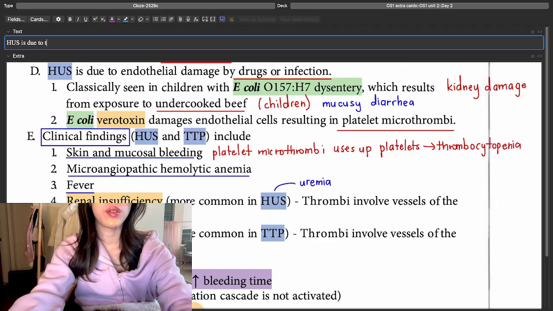HUS is due to endothelial damage by drugs or infection.